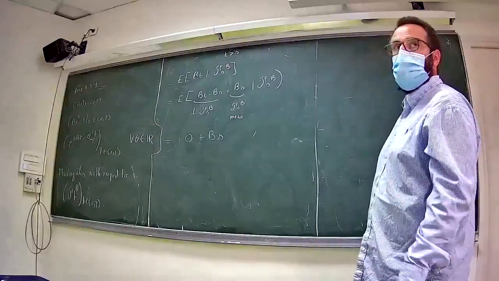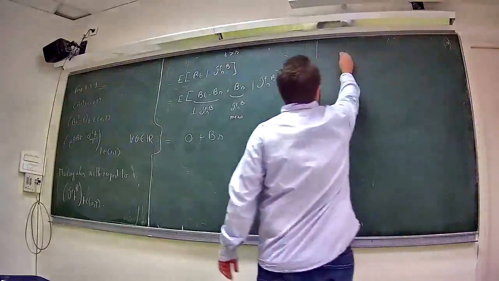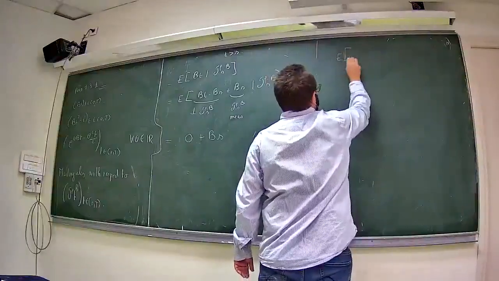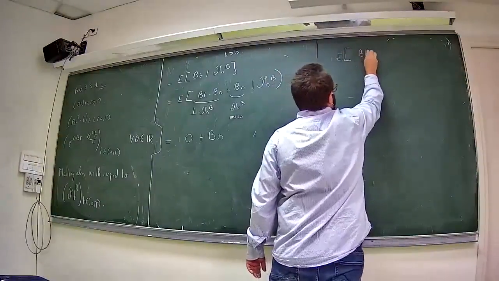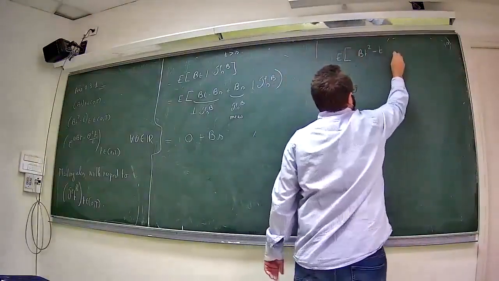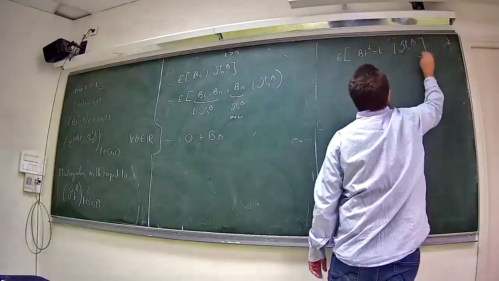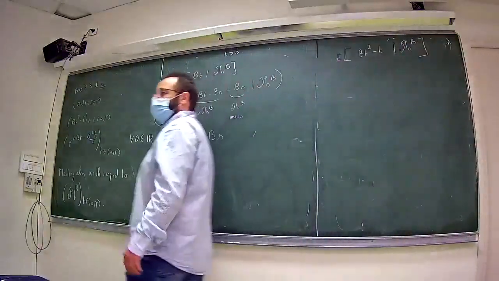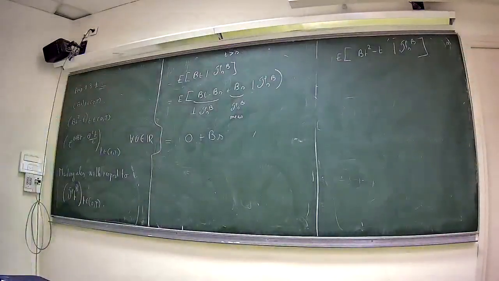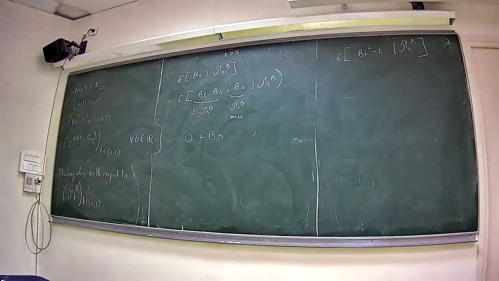bt square minus t, I will do exactly the same. If I want to compute this one, we are going to make appear the increment, as usual.